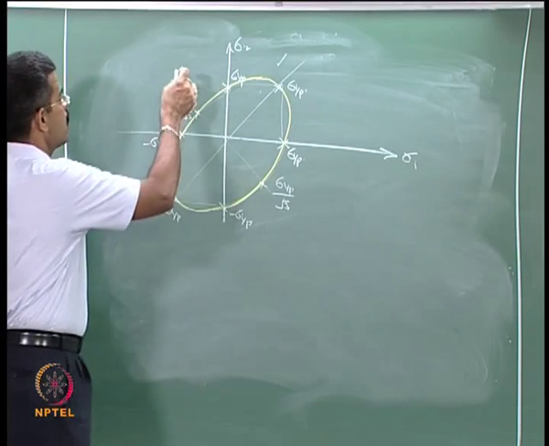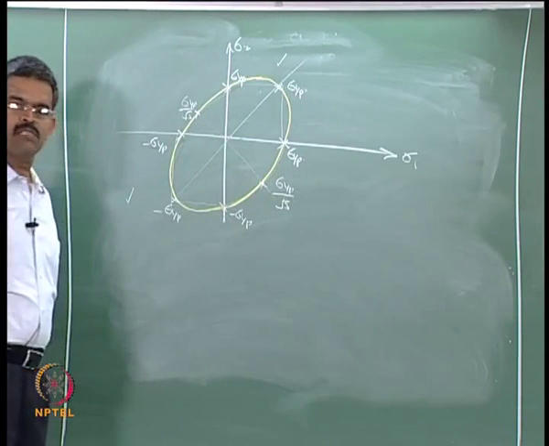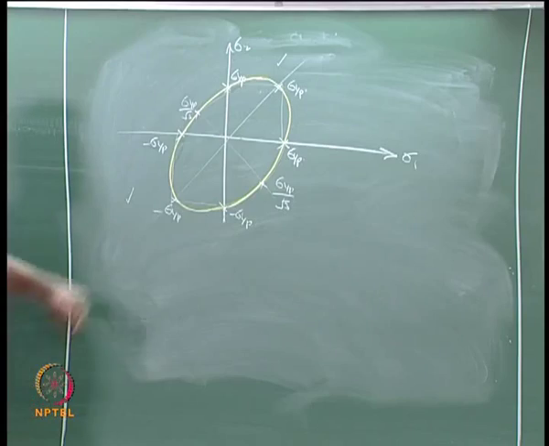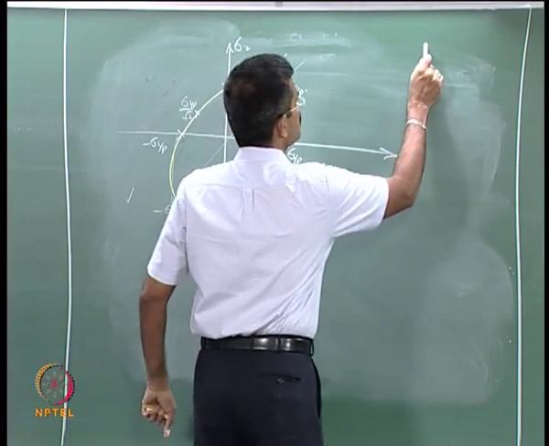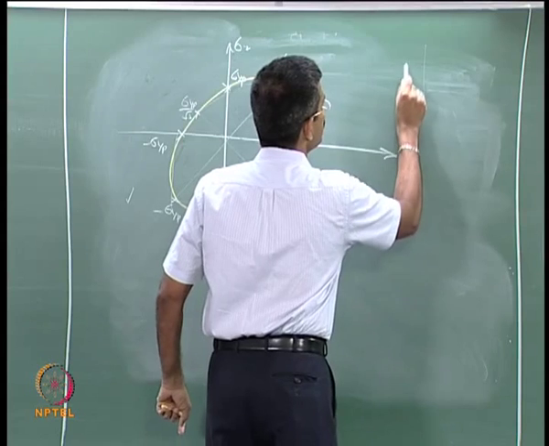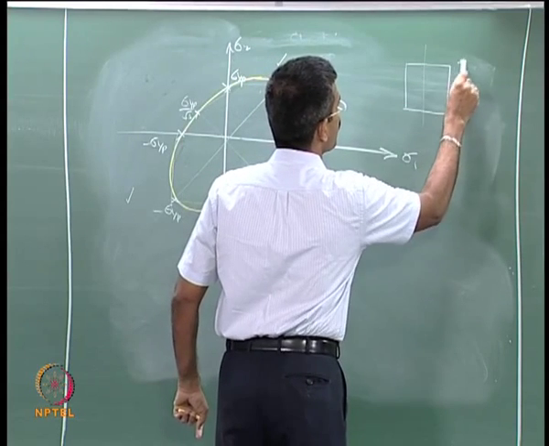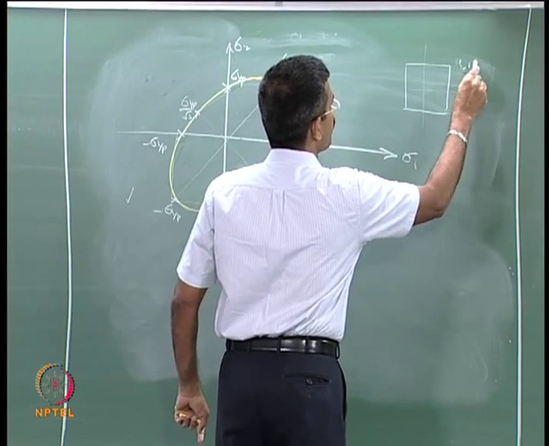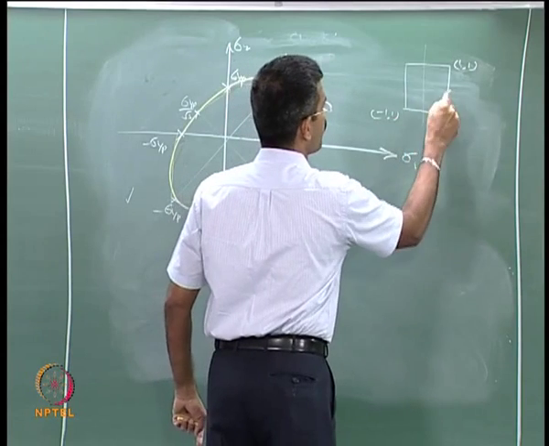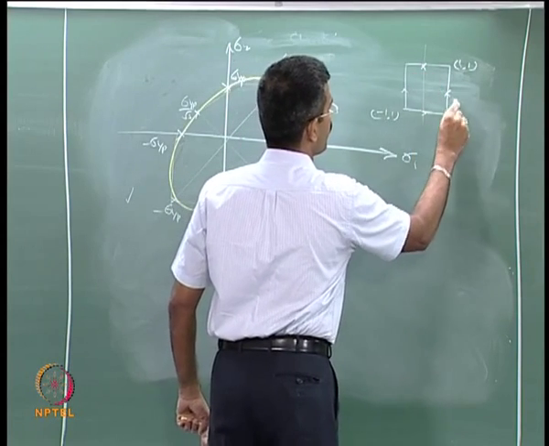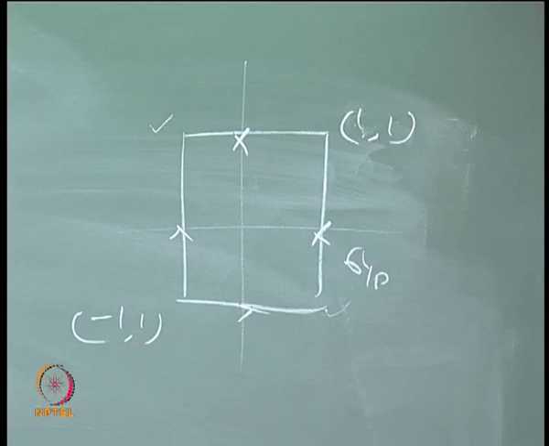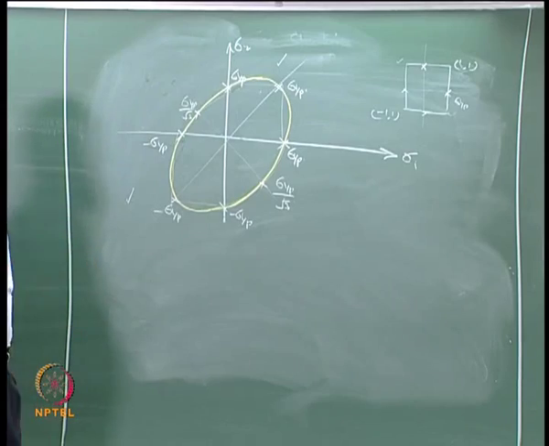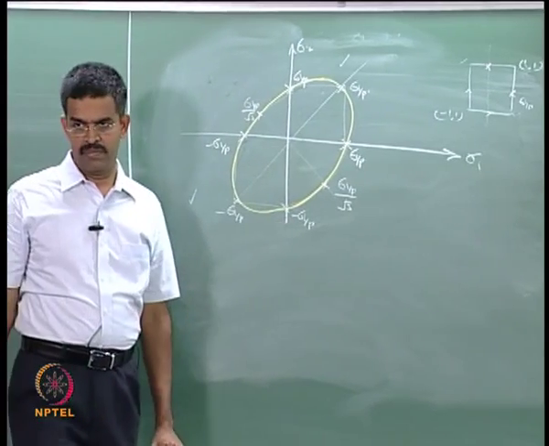Whereas in quadrants 2 and 4, the maximum principal stress theory says that the stress will be equal to sigma yp, because this is the maximum principal stress theory. So, in quadrants 2 and 4, this theory says that the maximum stress will be equal to the yield value, whereas in this case it is only 1 by root 3 of that, okay.